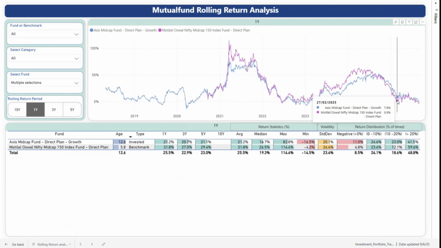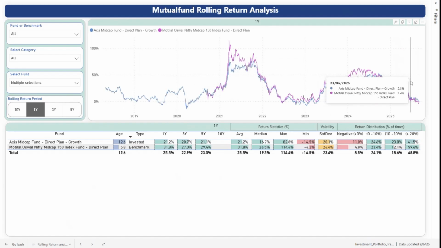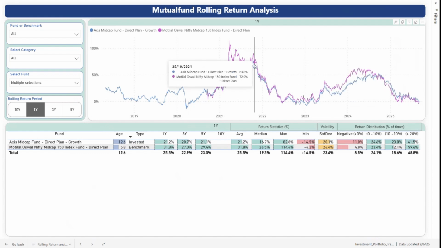If someone invested in, let's say, 2024 or 2025, the rolling return is saying that Axis gave a better return than the Motilal Midcap 150 index fund. So we cannot, based on rolling return alone, say this fund performed better than the other. It all depends on when you enter and when you exit. That is what matters, and you need to primarily look at standard deviation.